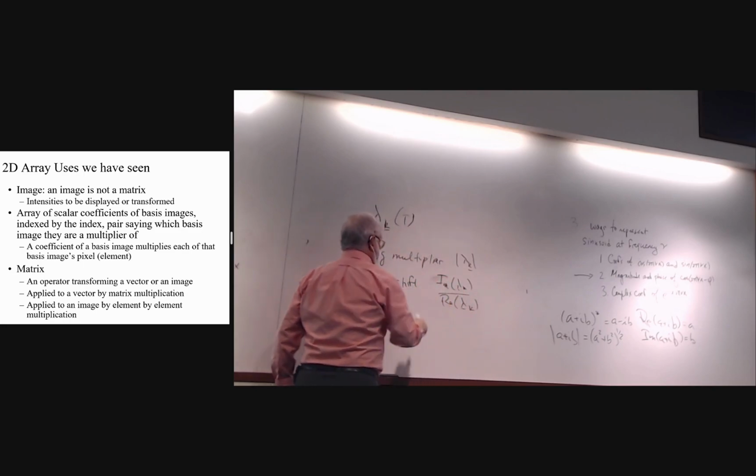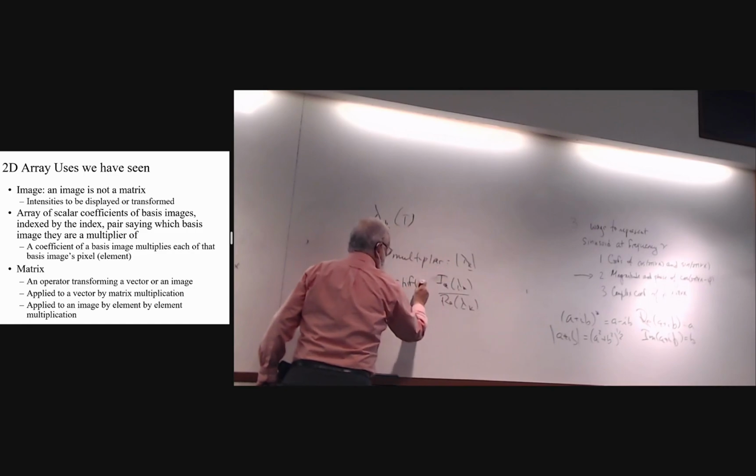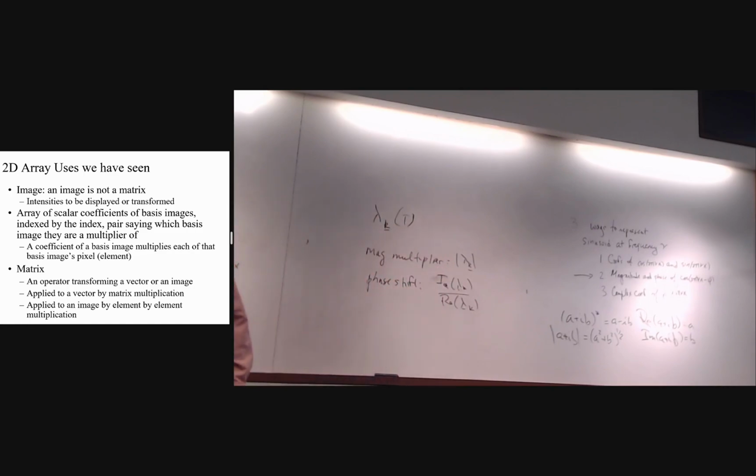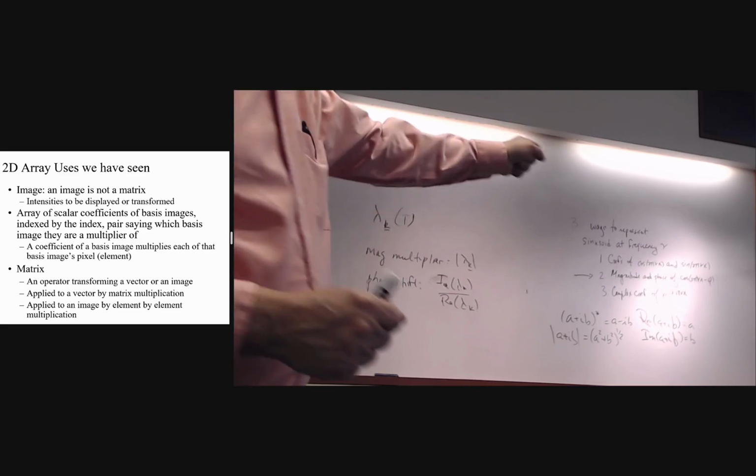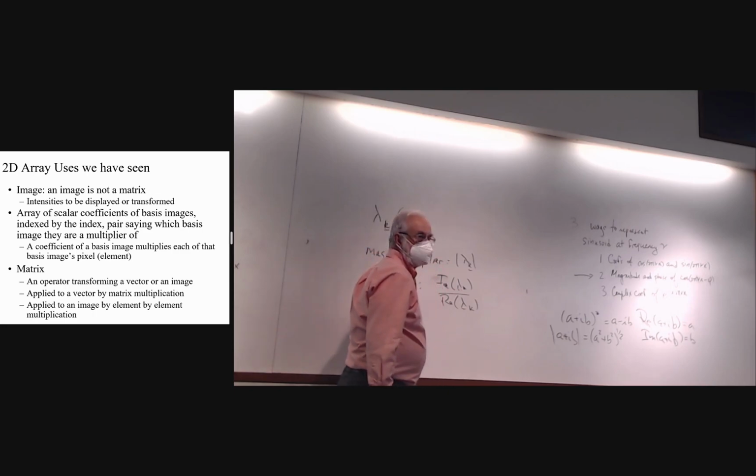when these are understood as complex numbers. Okay, so now for our shift invariant linear operators, we're going to have a magnitude multiplier array for every frequency and a phase shift.